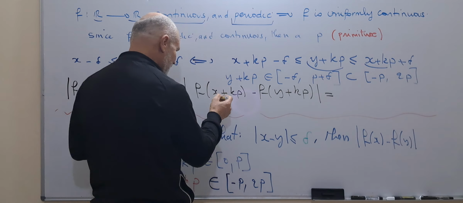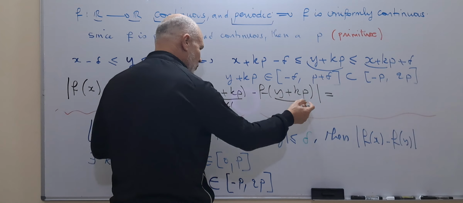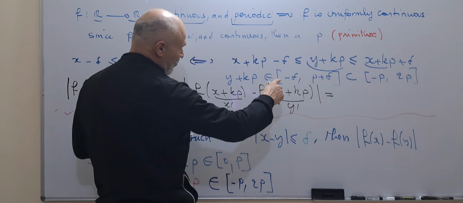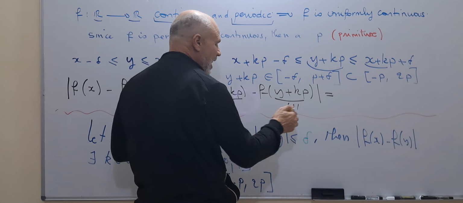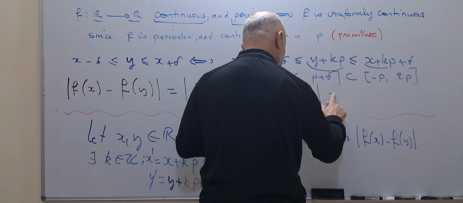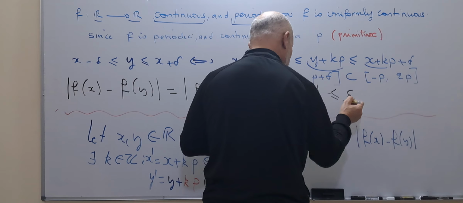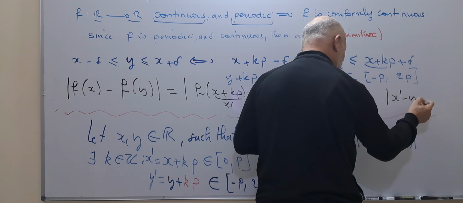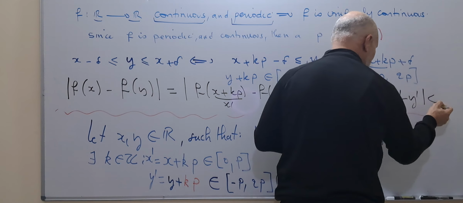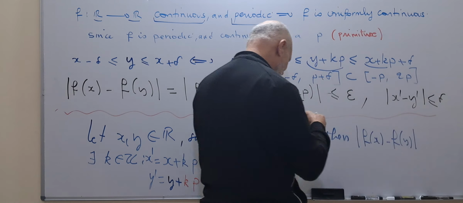Because this is x prime and this is y prime and they belong to minus p to p, this is less than or equal to epsilon since |x prime minus y prime| is less than or equal to delta.